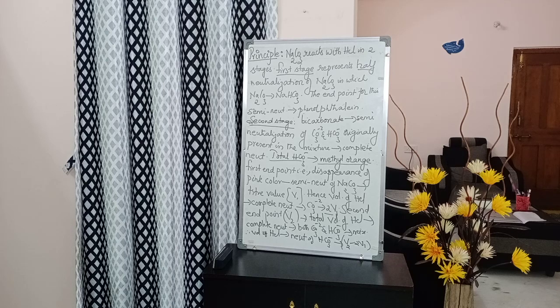Below write down: the second endpoint, in brackets V2, represents total volume of HCl required for the complete neutralization of both carbonate and bicarbonate in the mixture.